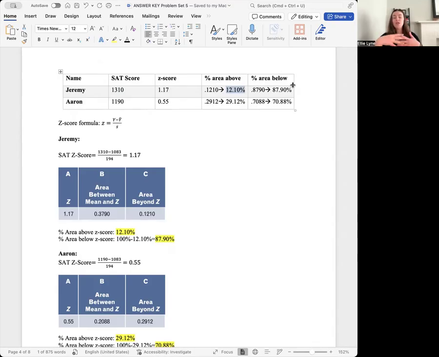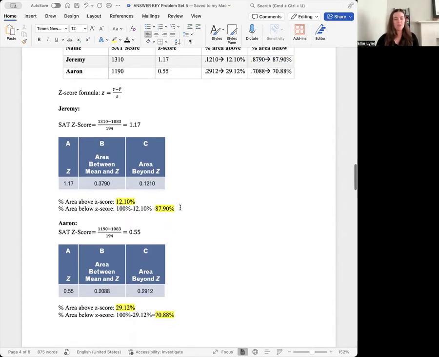And since we know the entire area under the curve has to equate to 100%, I took 100%, subtracted that by 12.1 to get 87.9%. So I went ahead and filled that out here as well. Same steps for Aaron. The corresponding values for the area beyond Z or area C for a z-score of 0.55 is 0.2912.